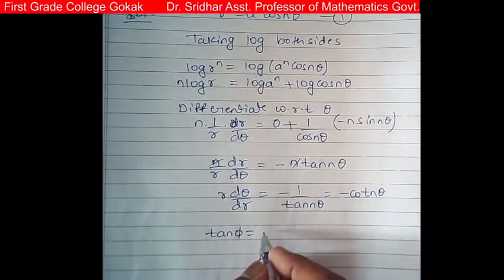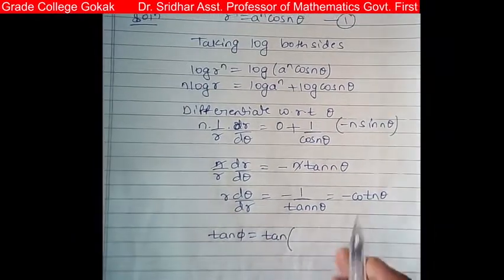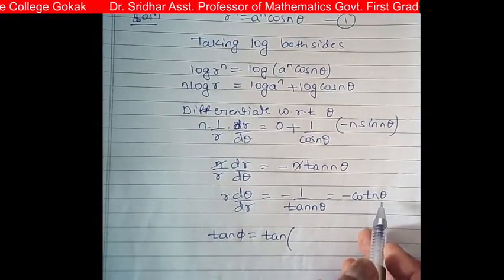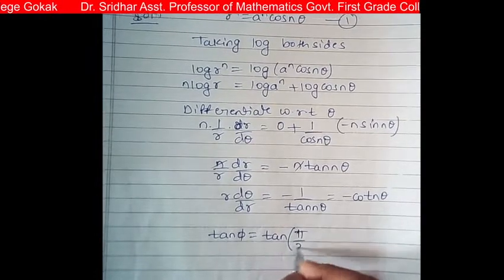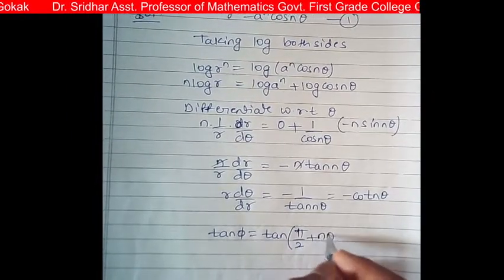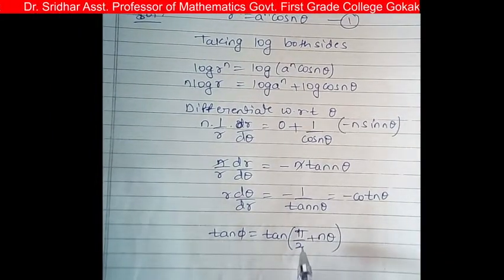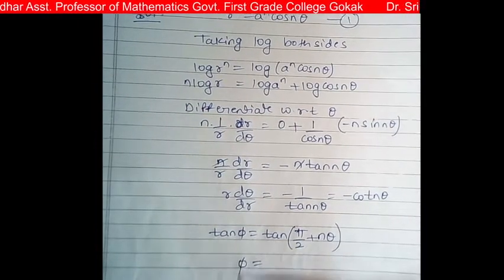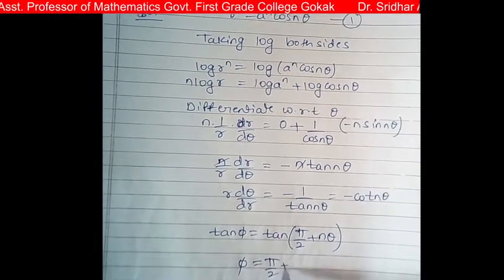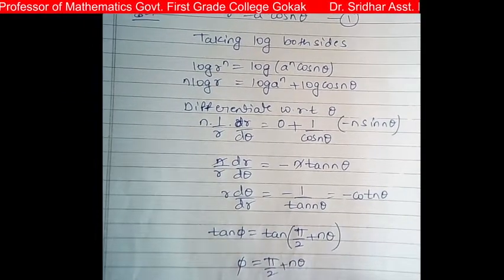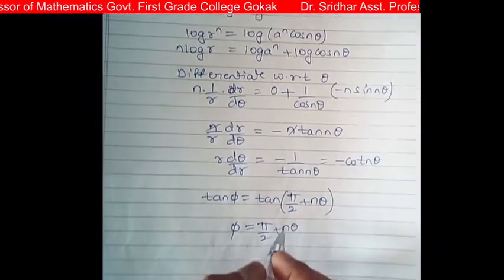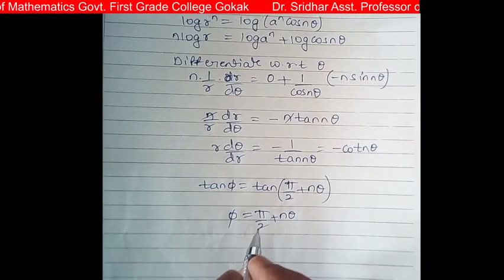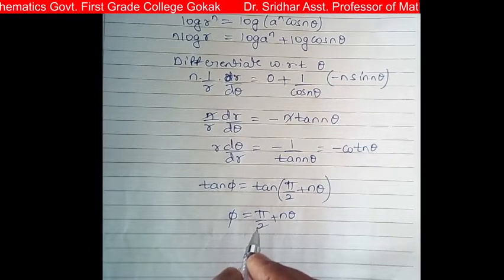Now minus cot n theta can be written as tan of pi by 2 plus n theta. Okay, so tan gets cancelled, so phi is equal to pi by 2 plus n theta.